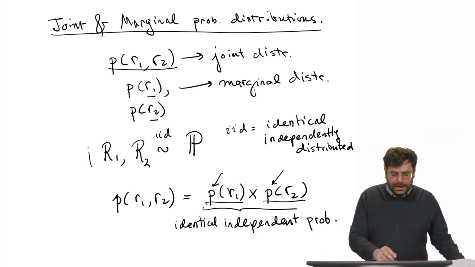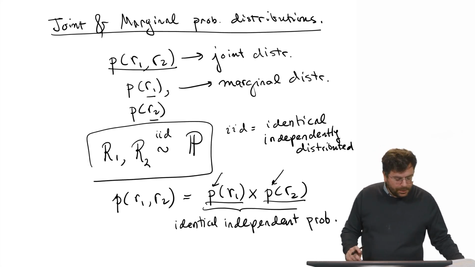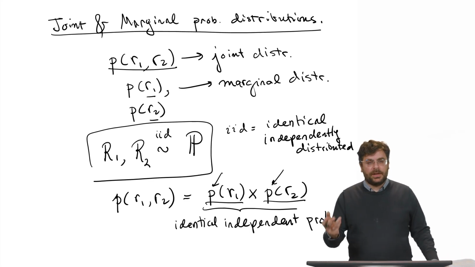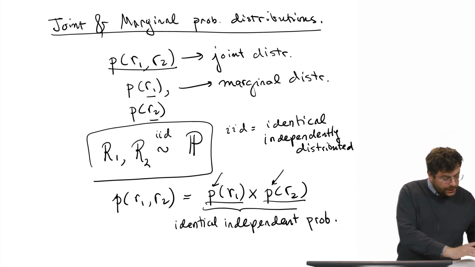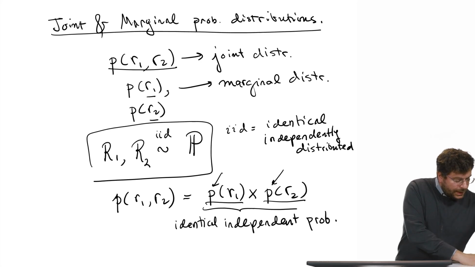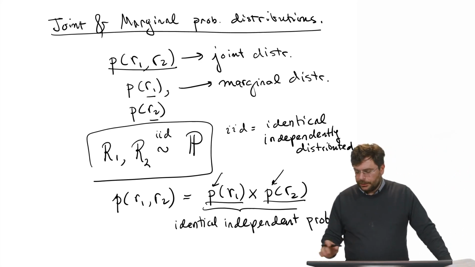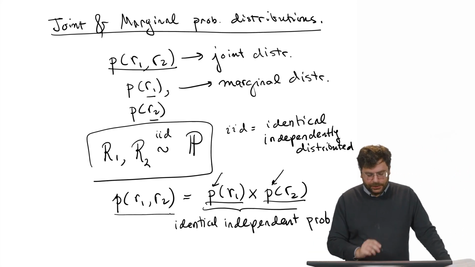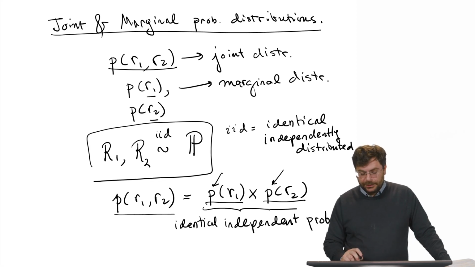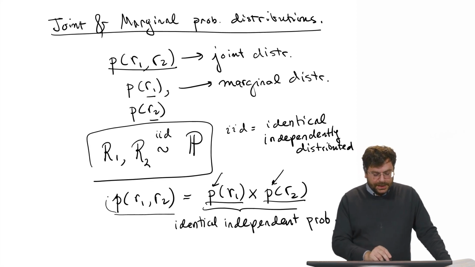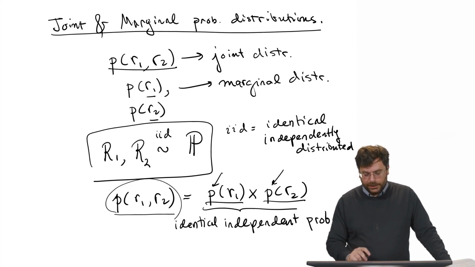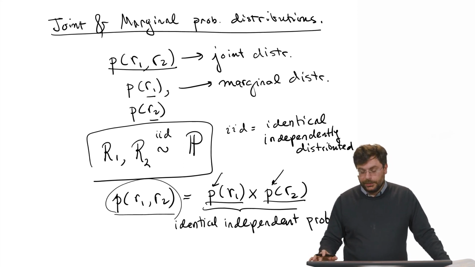So this is normally how we would write something like this when our variables are, and I'm going to use that word, IID. Now in general, if the variables are not IID, and in particular if they are not independent, then I cannot simplify this P of R1 and R2 as simply the product of P of R1 and P of R2. I can't do that.